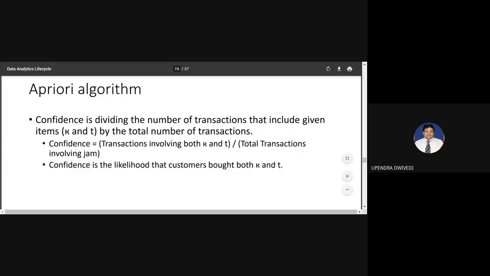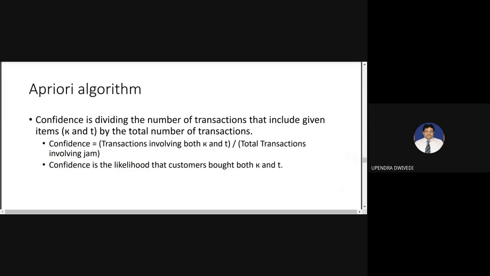Okay. Now, when we are calculating the confidence, we are calculating the item sets having dependency on each other. Now, how can we calculate the confidence? So confidence of item set, suppose 1 and 2.